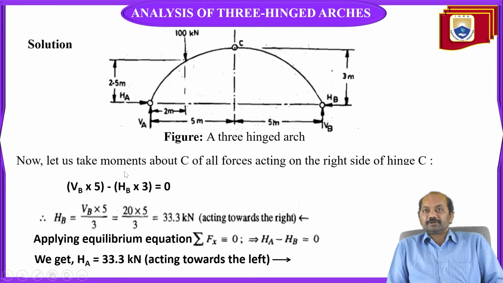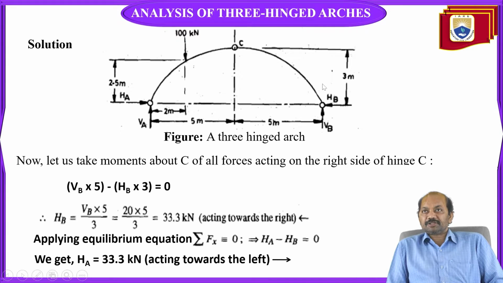Now let us take moments about C of all the forces acting on the right hand side of hinge C. Right hand side means this portion. This is the right hand side of C.